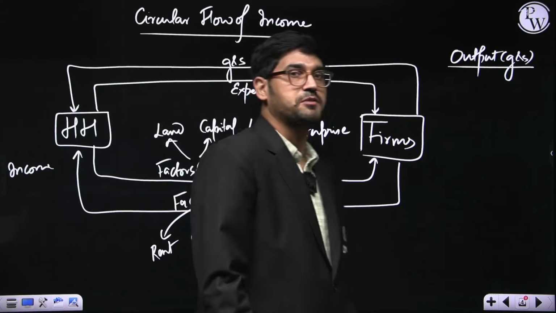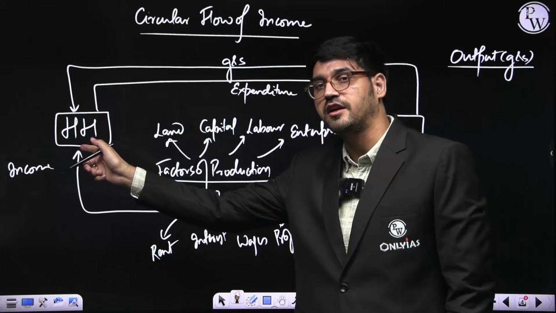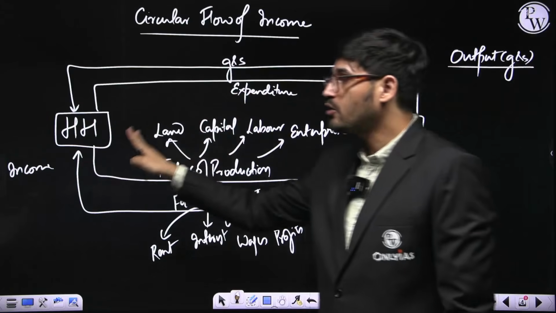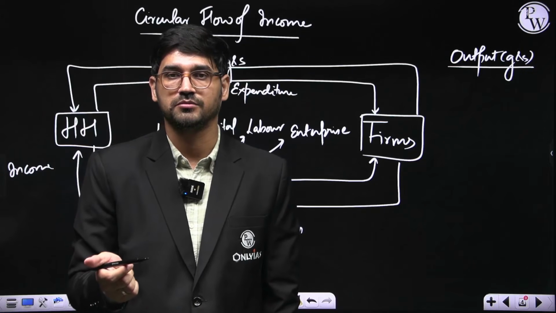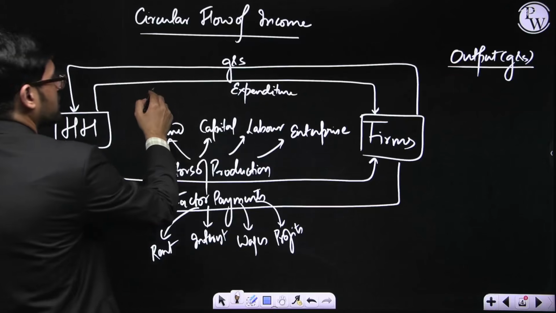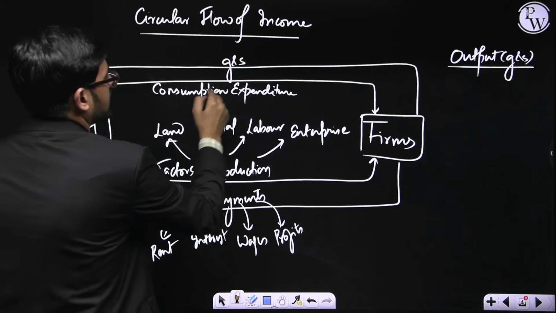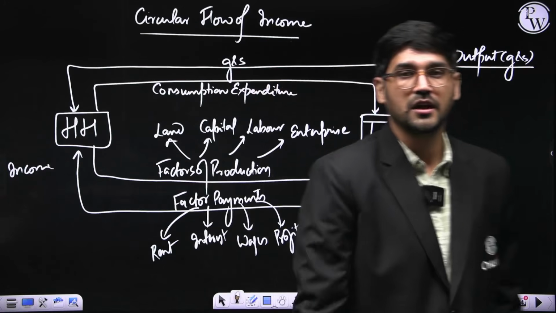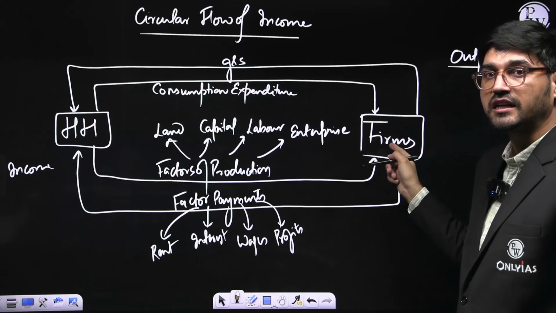The money for this expenditure primarily should come from the incomes that the households have generated for contributing factors of production. Households in an economy are primarily tasked with what is called consumption, which means that the expenditure they have made on these goods and services shall be called consumption expenditure. The circular flow of income simply says that one person's expenditure becomes another person's income.